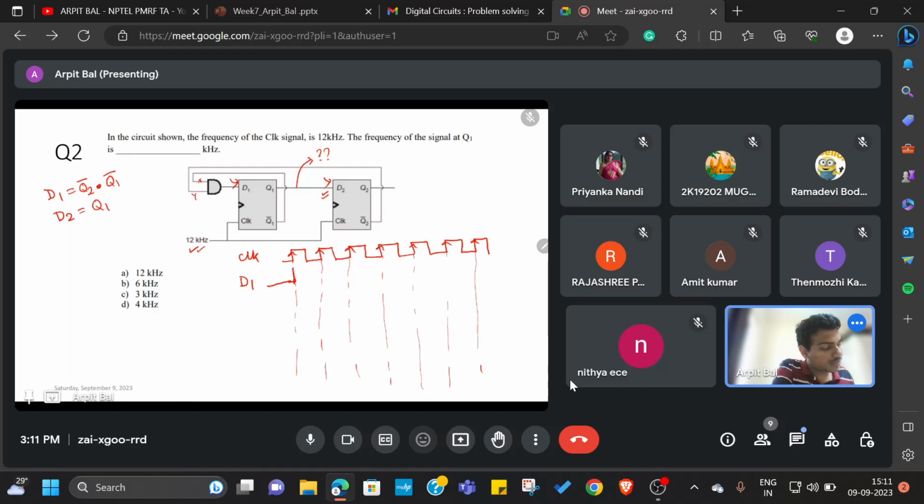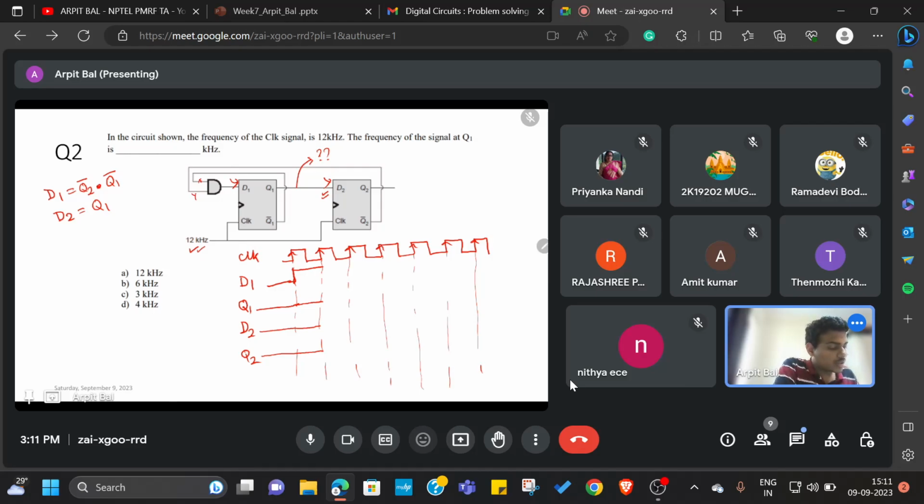Let me mark D1 like this. Then after D1, let me put Q1, D2, Q2. All the outputs are initially reset, so Q1 is 0 and this 0 continues. Similarly Q2 is 0, and Q1 and D2 are connected, so D2 will have the same value as Q1.